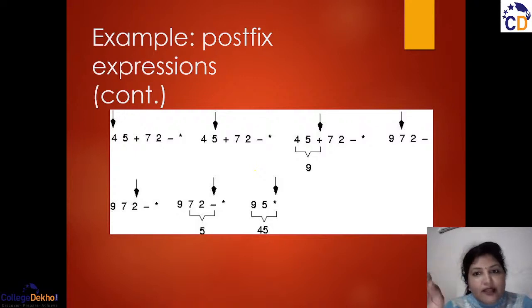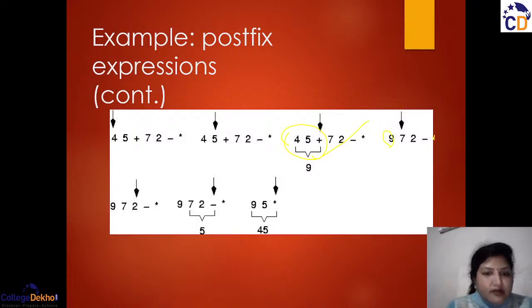Just write it down: 9 7 2 minus and multiplication. We have just evaluated this part, nothing else. 4 plus 5 is done, we are just taking it as 9, the rest is the same: 9 7 2 minus and multiplication also, that is left.